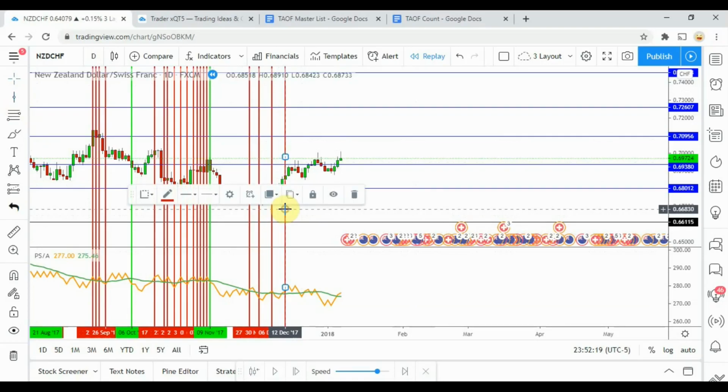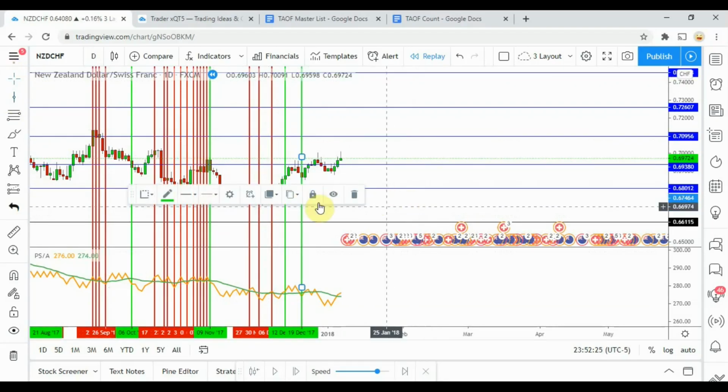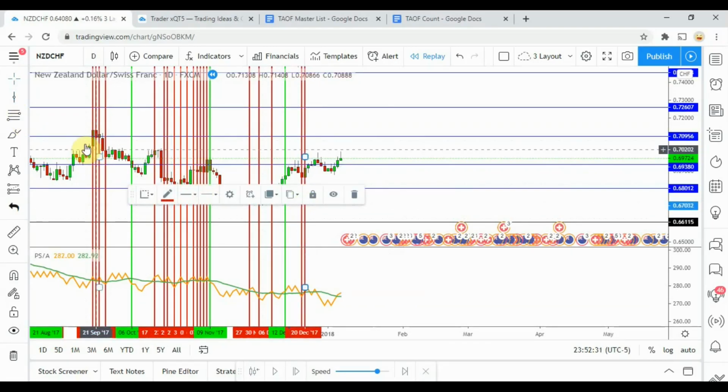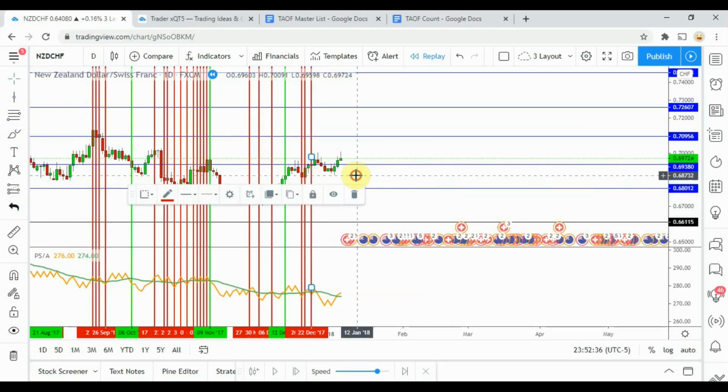Picked up a long over here. Finally got us to a take profit again. Short there. Long there. Come on.